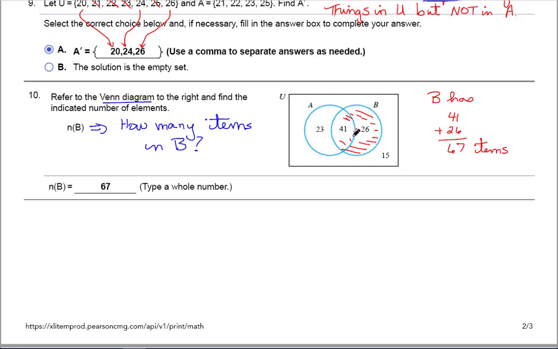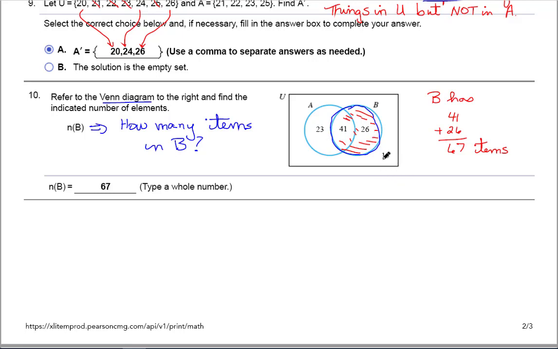B has 41 plus 26 items in it. See, there's all of B. So this big circle here is B. Now what about the 41? Well, the 41 is the number of things that's in common between A and B. And what's this 15 sitting out here? Well, there are 15 things sitting outside of both A and B.